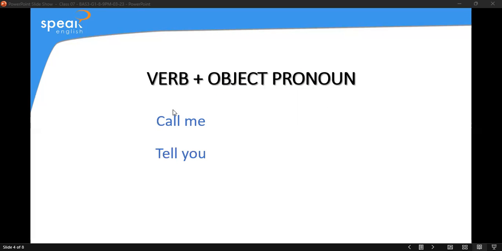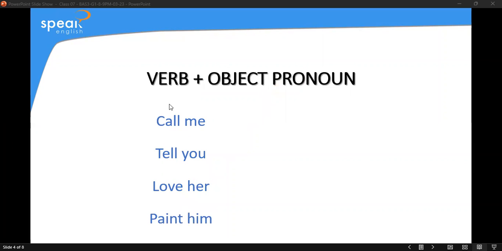Can you read the second example, Danny? Tell you. What is the verb? Tell. Excellent. So you, in this case, is the object pronoun. Let's continue. Can you help me with this one, Eric? Love her. Okay, what is the verb? Love. All right. So the object pronoun, her. Excellent.